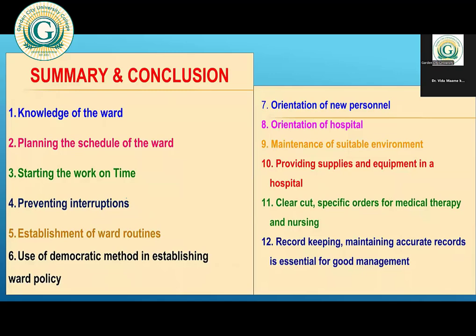There are also core components of the hospital. So read and understand. You need to have knowledge of the ward. You need to plan the schedule of the ward, start the work on time, prevent interruptions, establish ward routines, use democratic methods in establishing ward routines, orientation of new staff, orientation of hospital, maintenance of a clean environment.